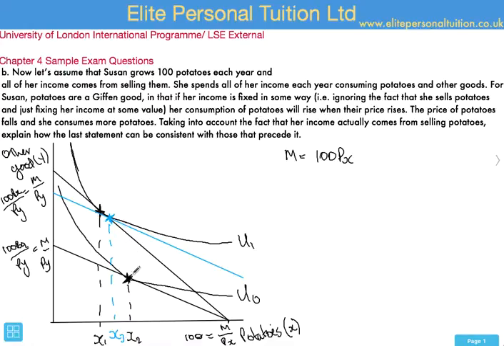So the substitution effect encourages us to consume a little bit more potatoes when the price decreases, because the substitution effect is from x1 to x3.